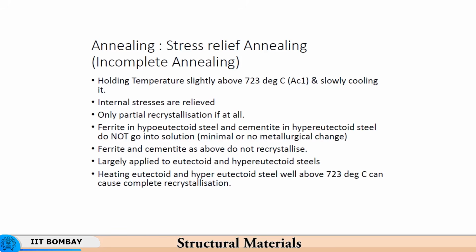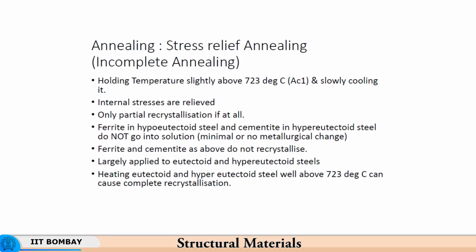So, 723 degrees centigrade is the temperature at which you might just about start converting pearlite into austenite, but that does not happen very rapidly because the temperature is too low for that. And so the microstructure remains intact, there is no change in the microstructure.